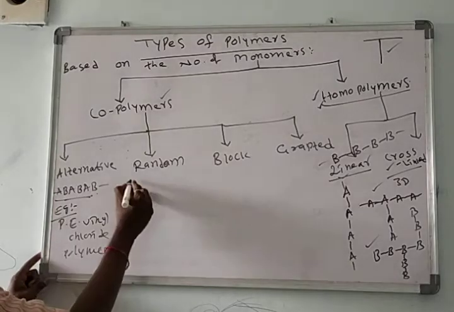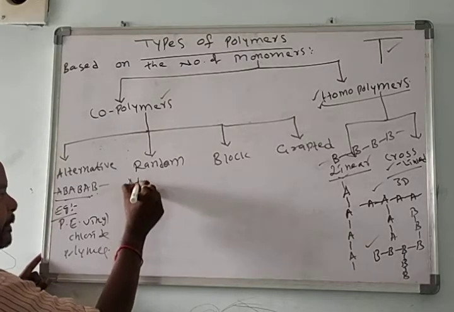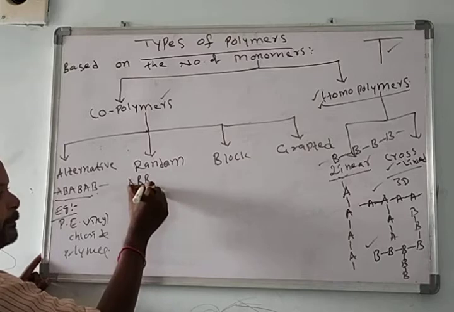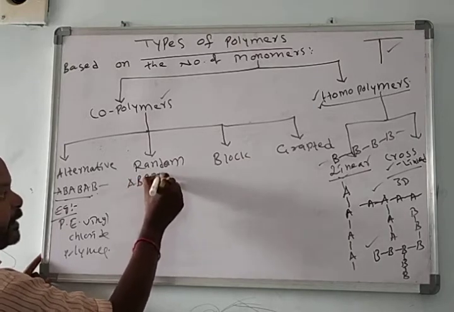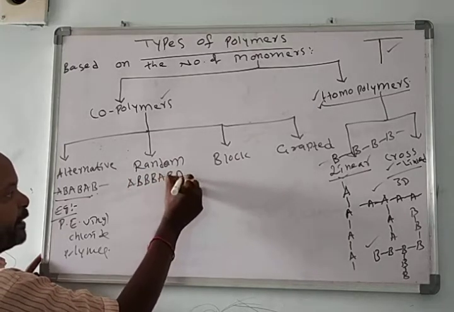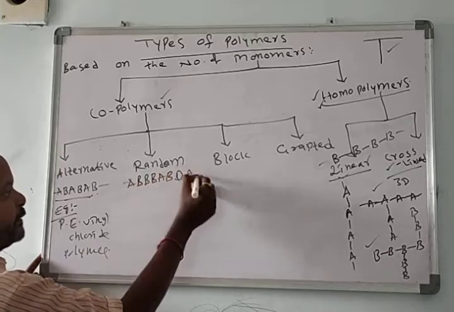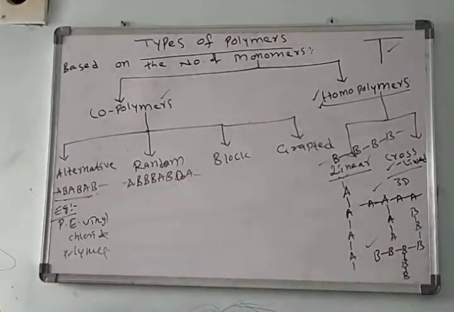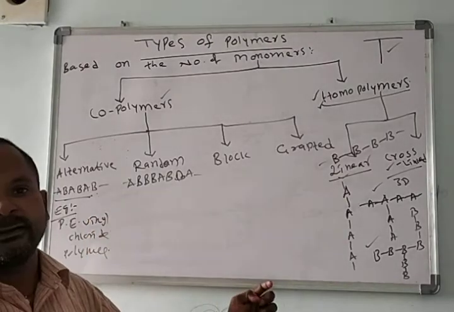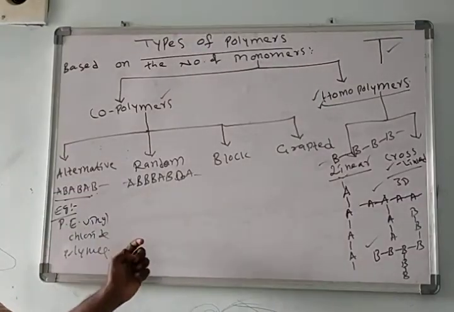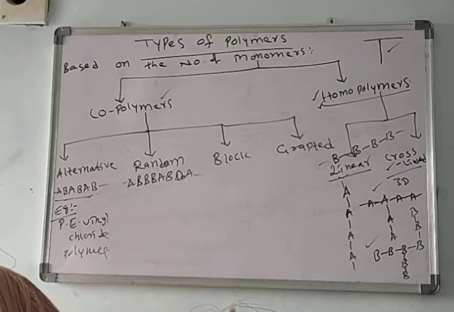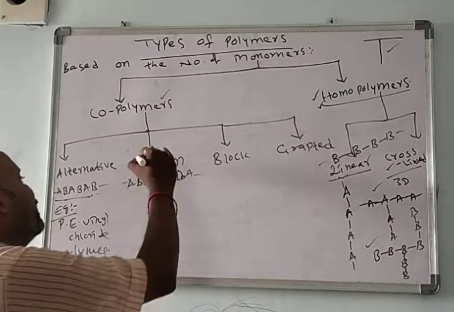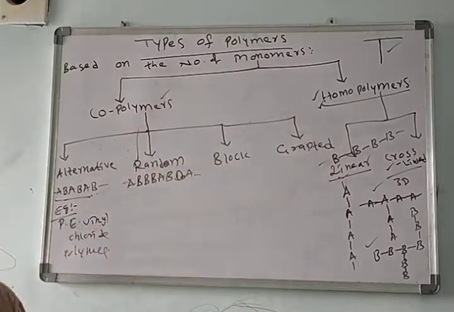Random copolymer means here write A, then write B, then again write A, B, then again write B, then again write A, B, B, A, like this. Randomly, monomers are arranged in a polymer. The polymers which are produced from the monomers which are randomly arranged, we called as random copolymers.